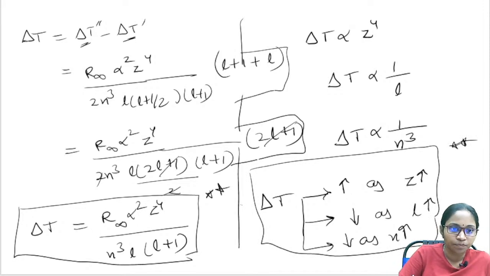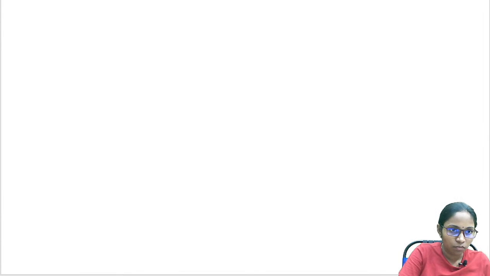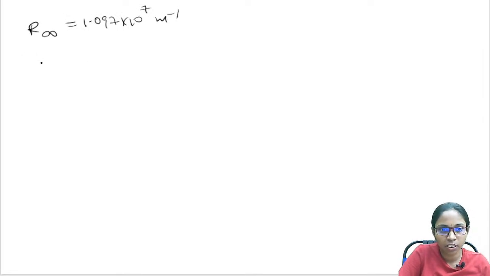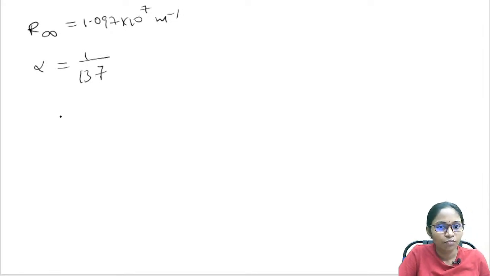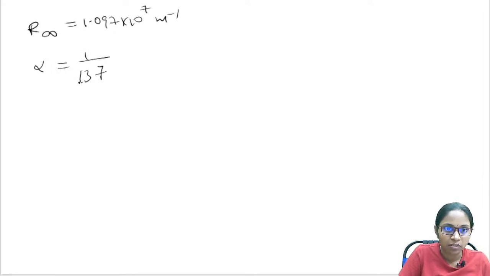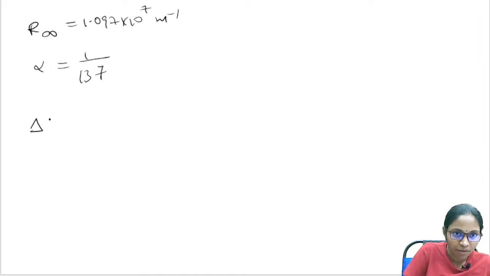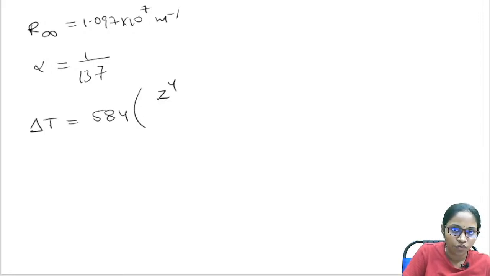From here, if you substitute R infinity, which is 1.097 into 10 power 7 per meter, the Rydberg constant, and alpha, which is 1 by 137, the fine structure constant, you will have delta T as 584 into z power 4 by n cube into L into L plus 1 per meter.